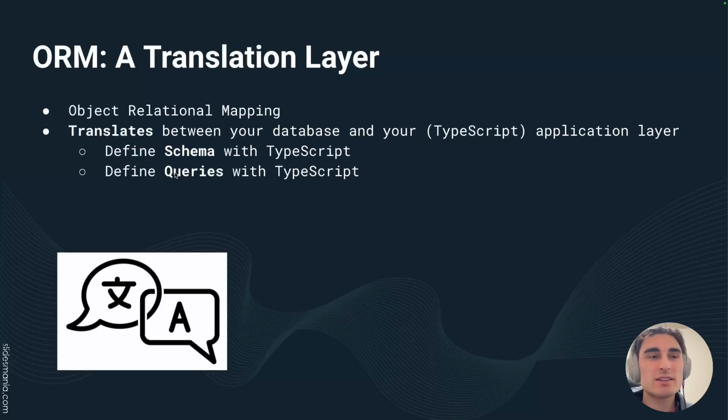The queries you write get the response from the database and put it into a nicely typed TypeScript object. So you can almost think of it as like a language translator translating from Chinese to English, in the same way that we're translating from SQL to TypeScript.